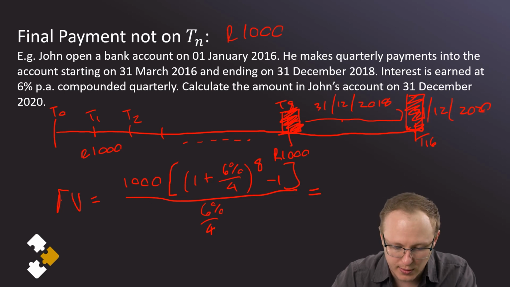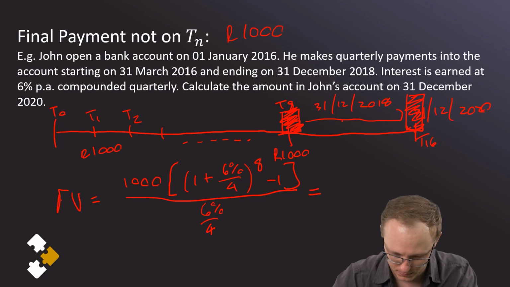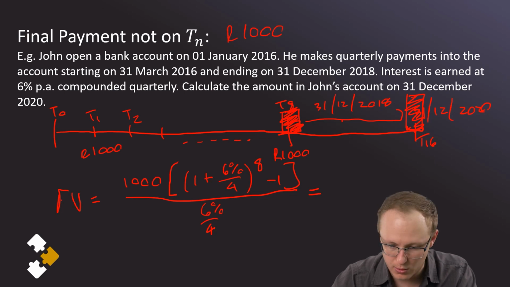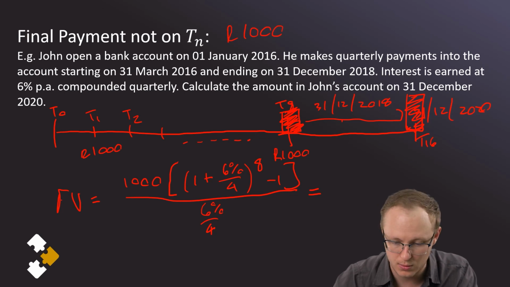So let's do this. 1,000 times the thing. All right, and then we've got to raise this to the power of 8 minus the 1. And we've got to divide by the interest rate.